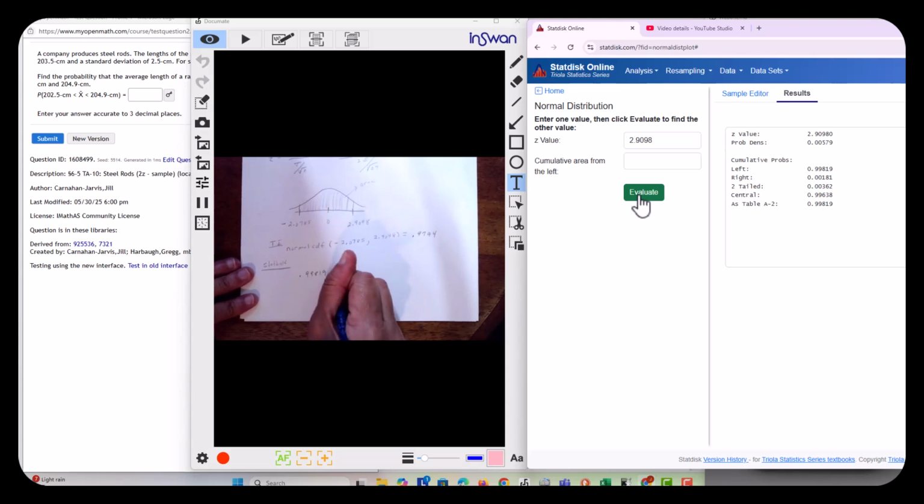So I'm going to say subtract. Now I'm going to go up here and say negative 2.0785. And area to the left of that is 0.01883.